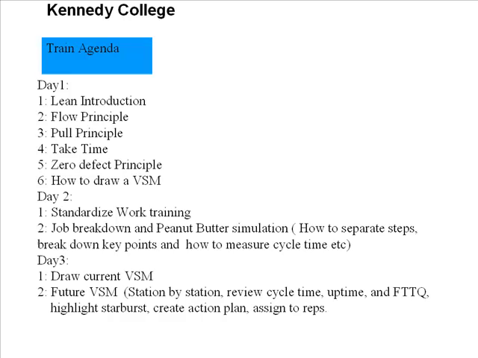So once you go through station by station, you have the cycle time, you have the uptime. Some people call it downtime, right? It's the opposite, uptime. And once you have the first-time capability, you immediately identify, okay, we have problems based on the current situation. For example, if you see one station where the cycle time is extremely high, you have a bottleneck.